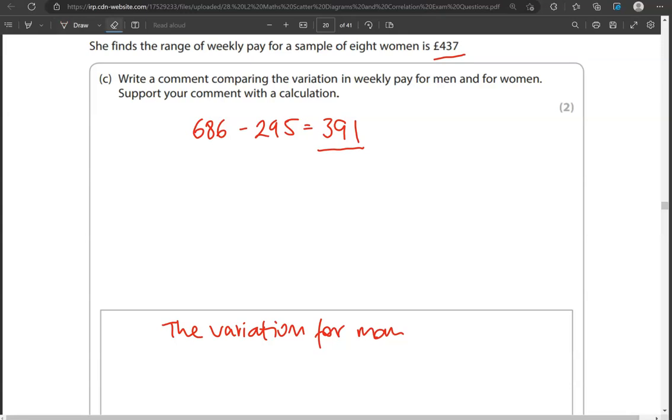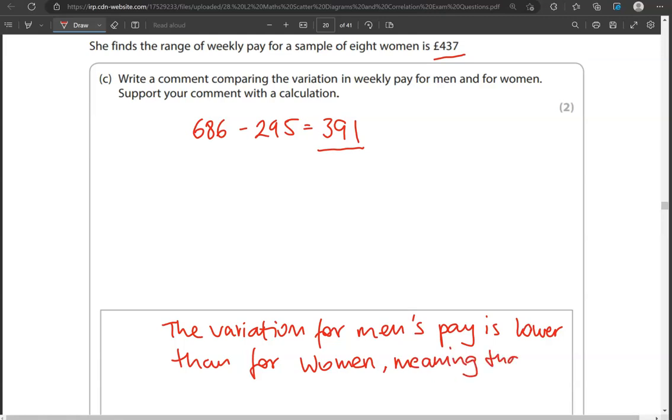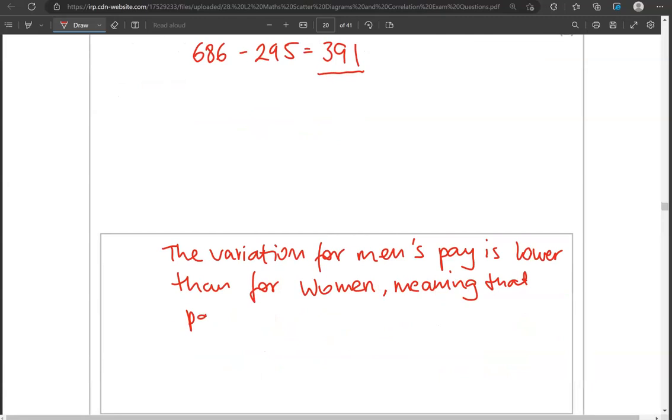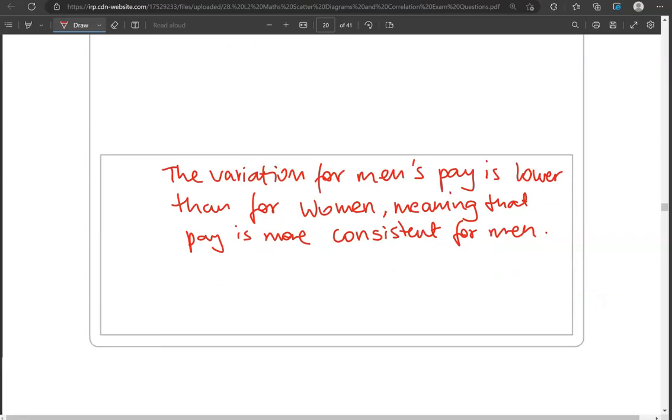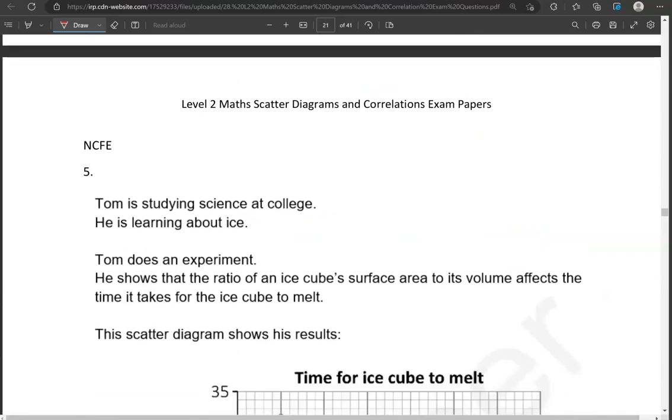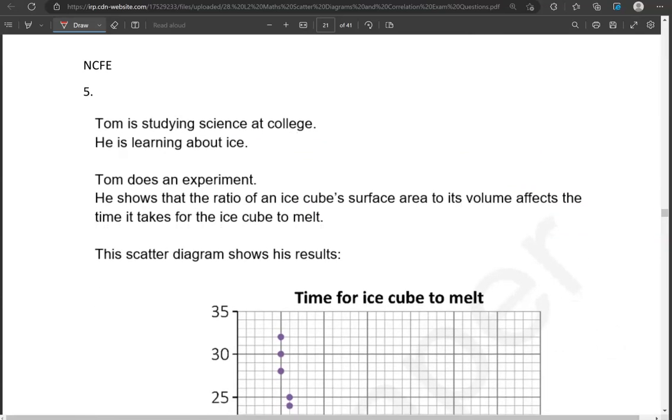Should say men's, plural. Meaning it doesn't change much for men.